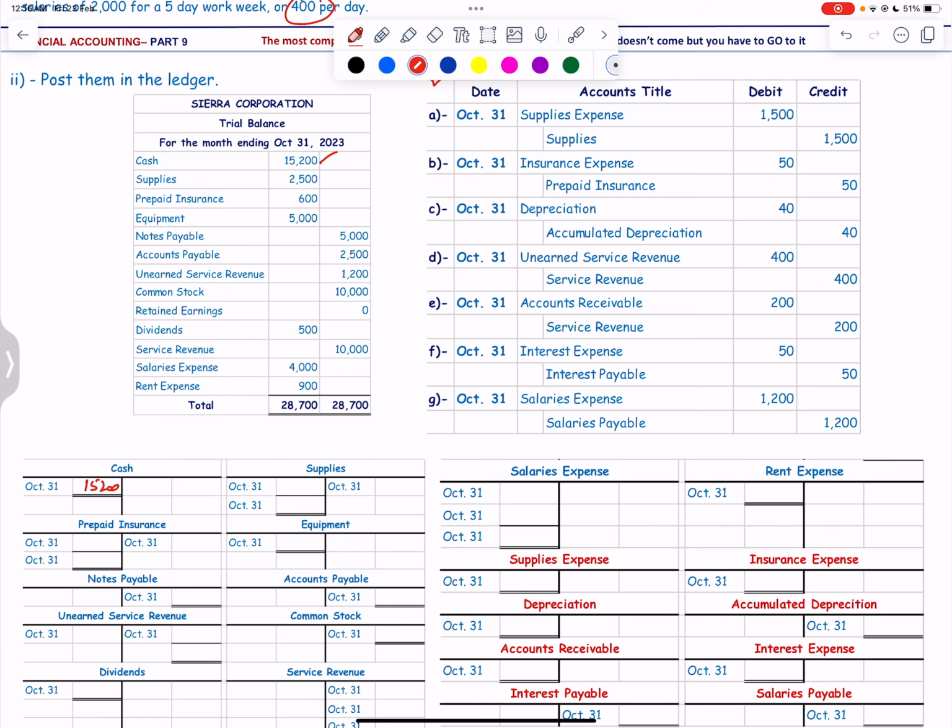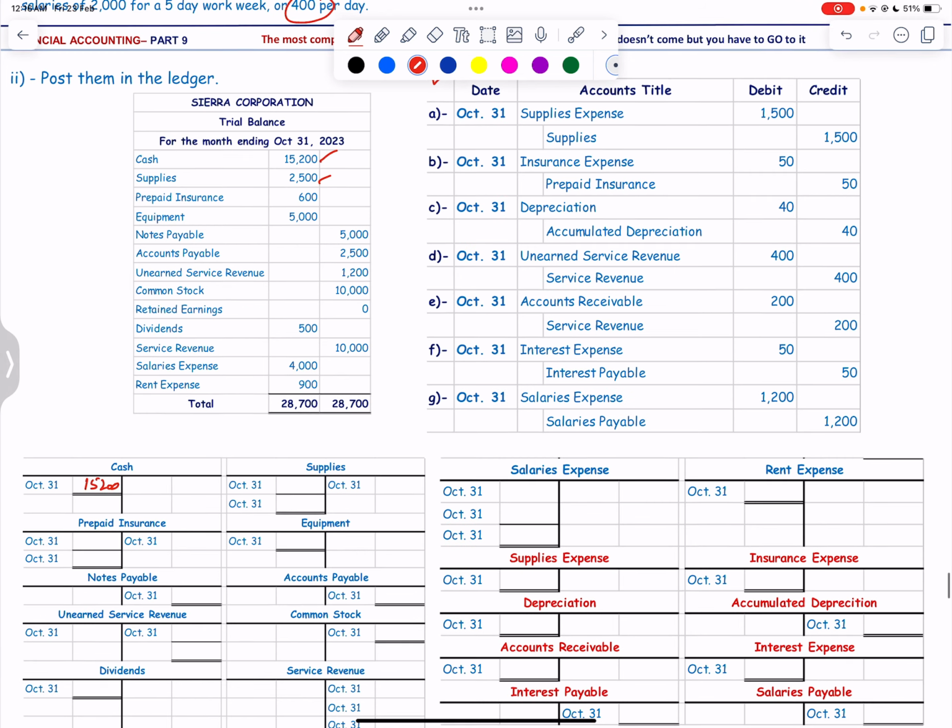Cash 15,200. Supplies 2,500, prepaid expense 600, equipment 5,000, notes payable 5,000, accounts payable 2,500. Unearned service revenue is 1,200.